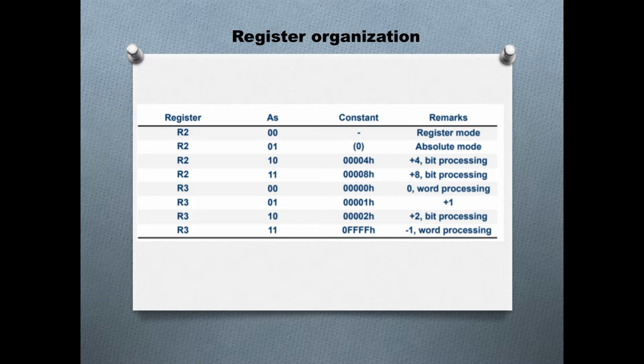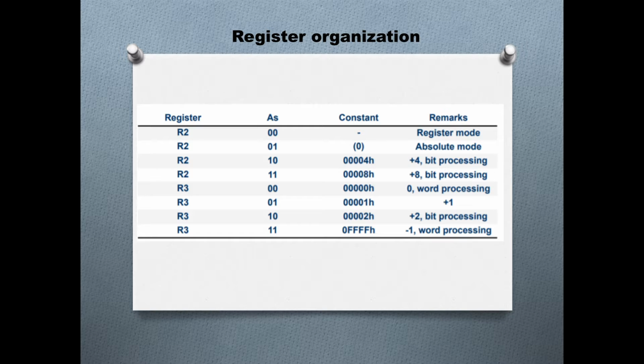R1 is known as the stack pointer. The MSP430 CPU stores the return address of routines or interrupts on the stack. User programs store local data on the stack. R2 is the status register. The status of the MSP430 CPU is defined by a set of bits contained in register R2.